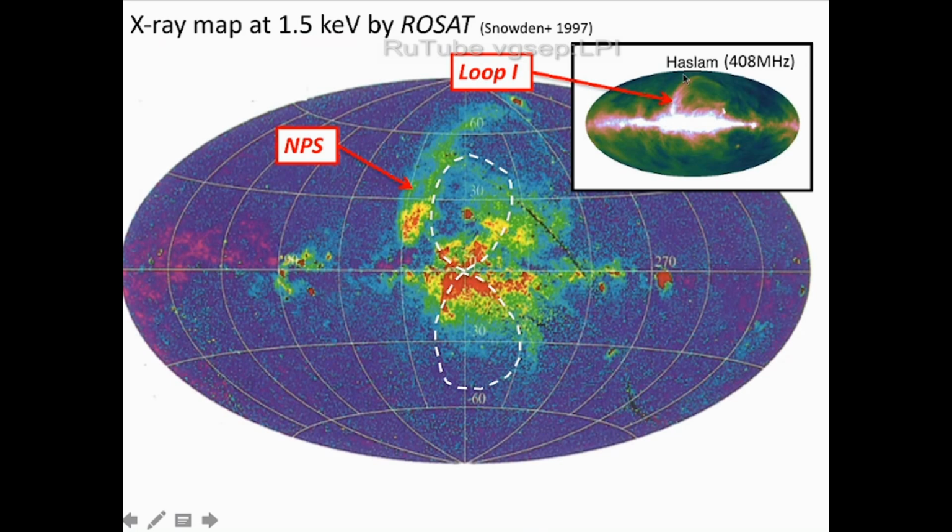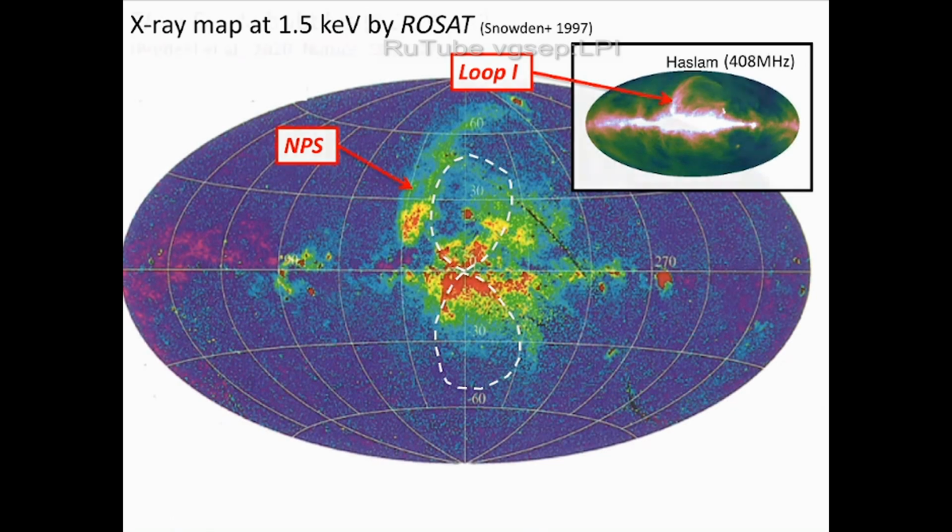Because we know that this Loop I feature is related to a local superbubble, it's intensely debated whether the North Polar Spur is really related to a galactic center event or a more local superbubble event. All right, so from this map, you can see that the interpretation of this X-ray map is non-trivial. It's very ambiguous. Okay, so that was the story for a long time.